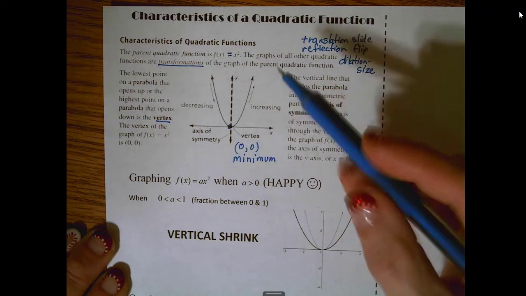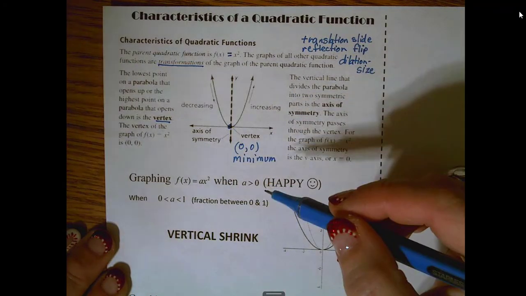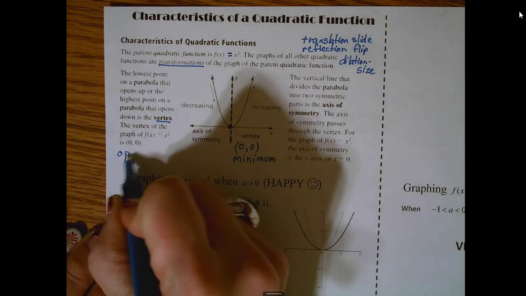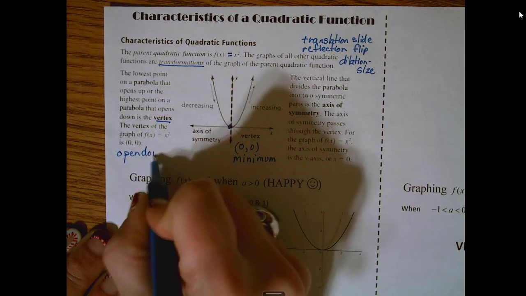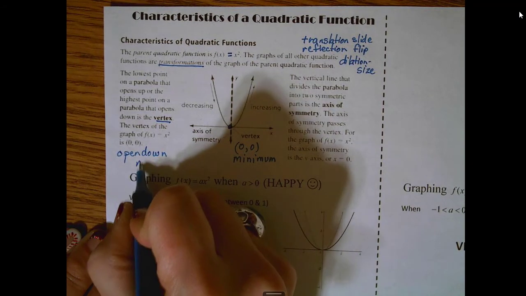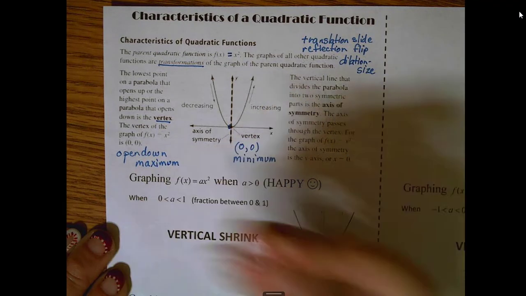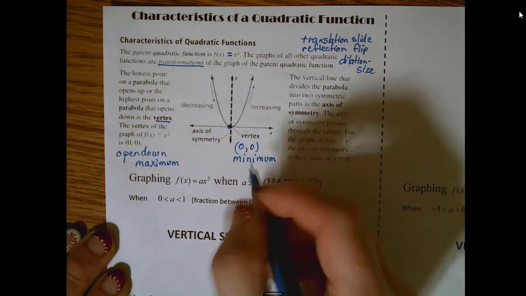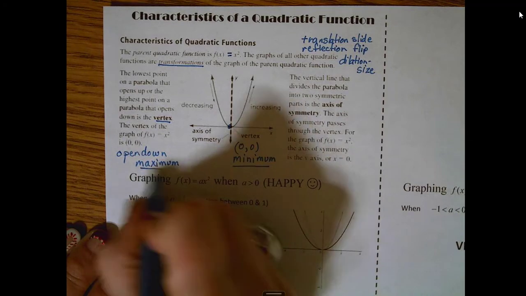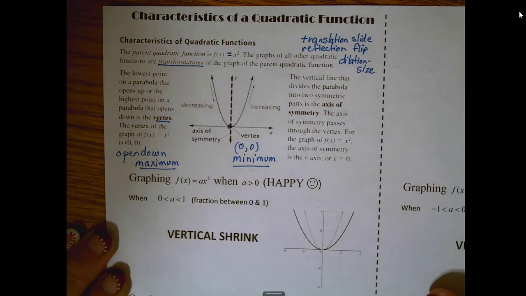Now, if it were to open down, we would have what's called a maximum for the vertex. Okay, so again, just some more terminology here that I'd like you to write down.